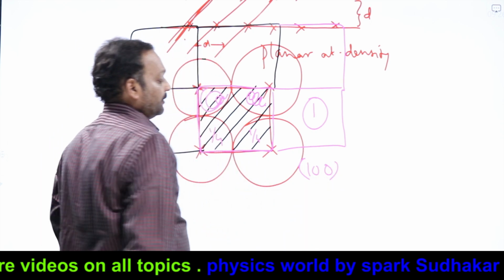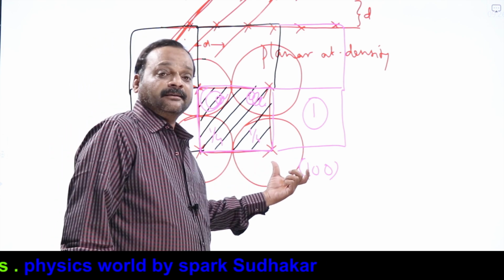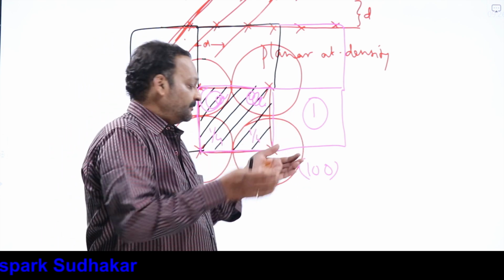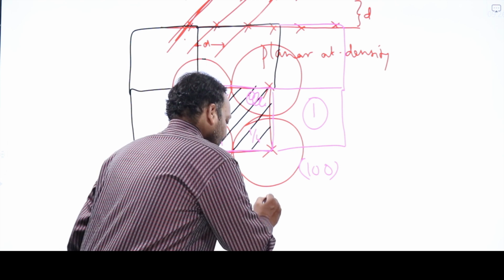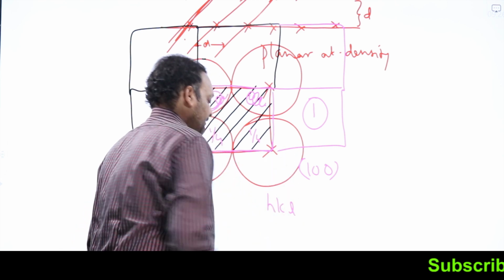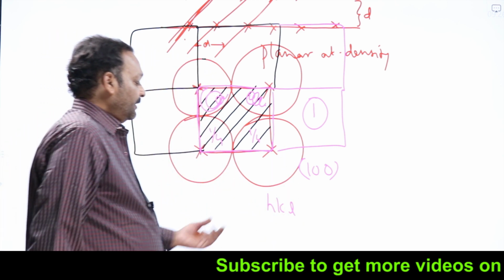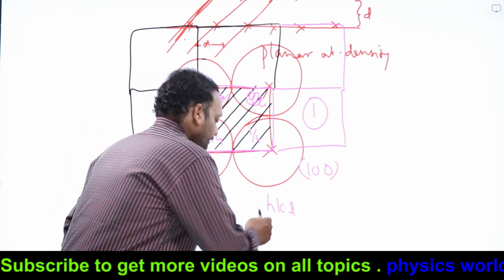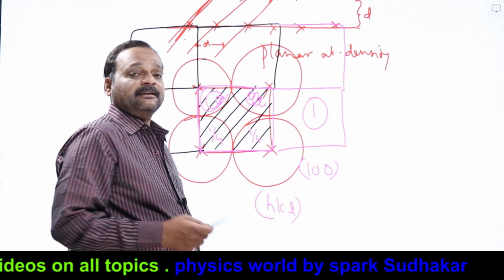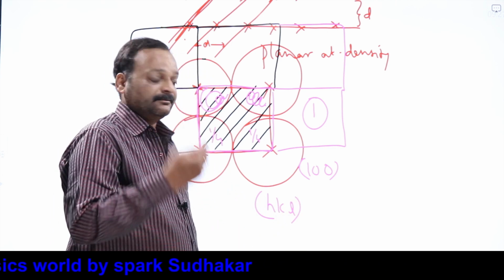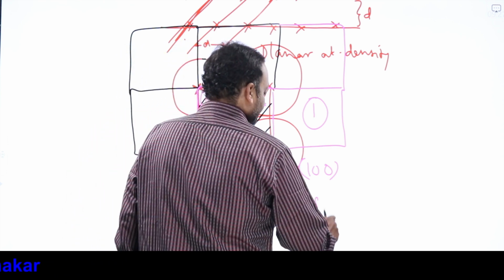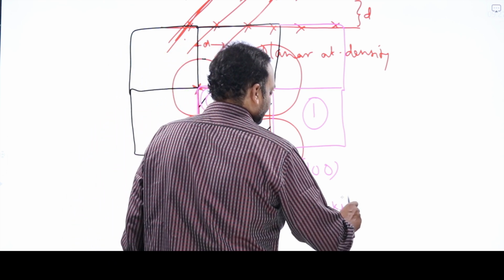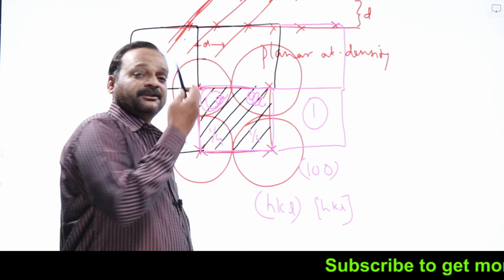Miller indices should always be indicated using brackets. Those round brackets mean Miller indices HKL. This nomenclature is important. HKL are Miller indices, no doubt. If I use round brackets, it means that I am talking about Miller planes. If I use square brackets and put HKL in between them, I am talking about Miller directions.